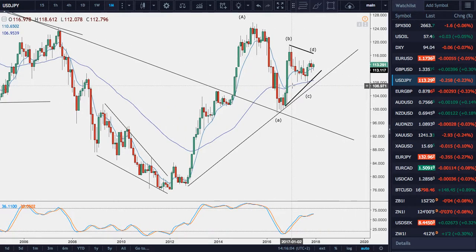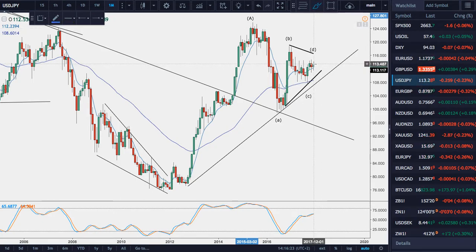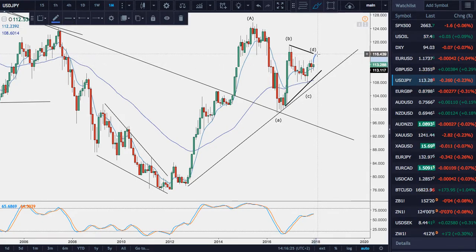The second case is that I'm looking at this advance from 2011 through to 2015 as wave 1, or possibly wave A still. And the change in this count would be that if it continues to advance in any manner, and does not stop for D, but continues up above 118 and finds a high in this area, staying beneath this high, and then it rolls over.